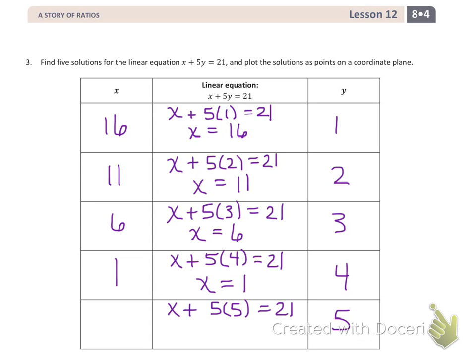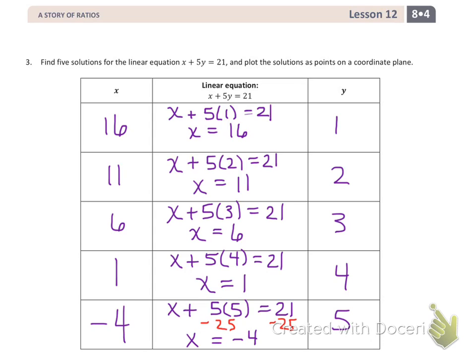And if we subtract, I'll write this one out, subtract 25 from both sides, we're going to end up with x equals 21 minus 25, which is negative 4. Okay, so those are our ordered pairs that we're going to plot on the coordinate grid.